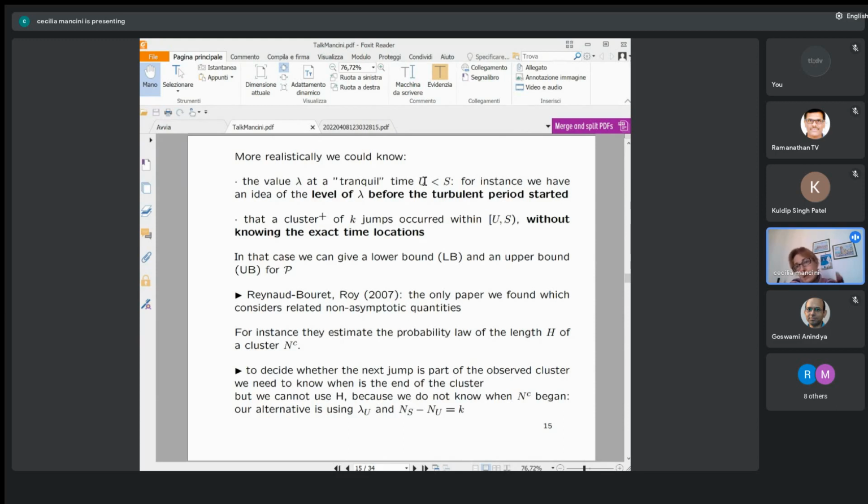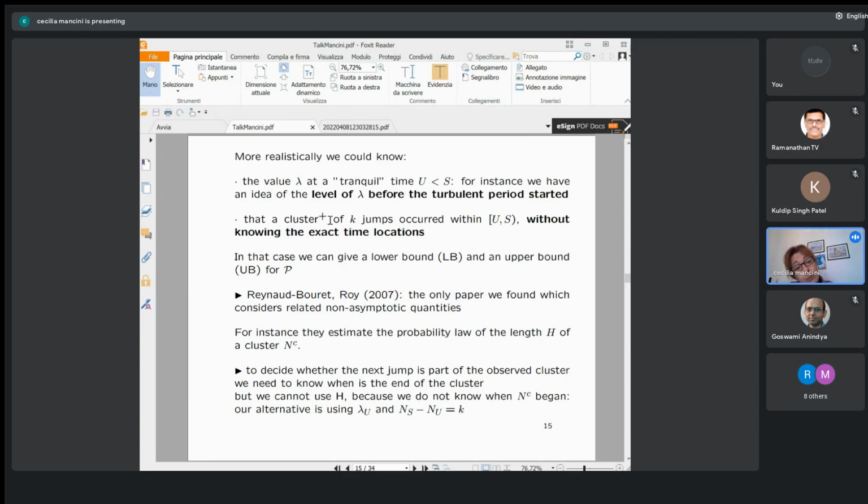It was probably a tranquil period, and probably lambda at time u was close to lambda 0. So we can have an idea about lambda at a previous time, with respect to S.